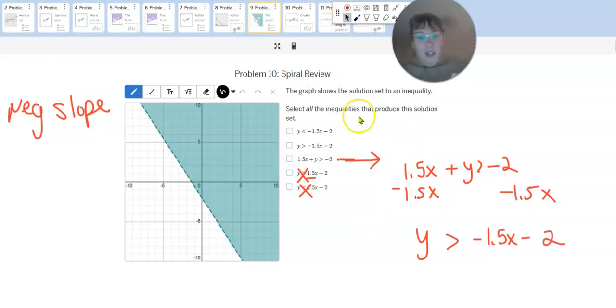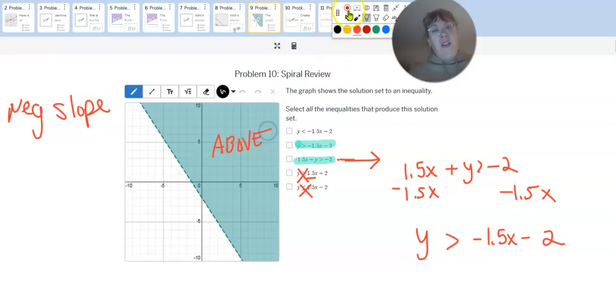So this is actually the same as this one. Those two are actually the same. So the only difference between these now is whether it's less than or greater than. So this is shaded above the line. So that's going to be greater. So these two are going to be our options, I would say.